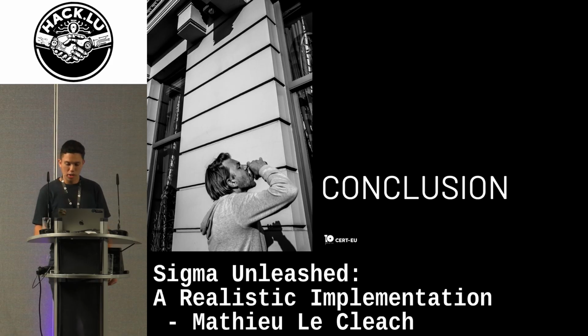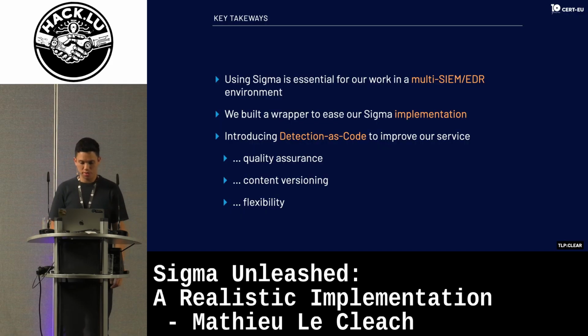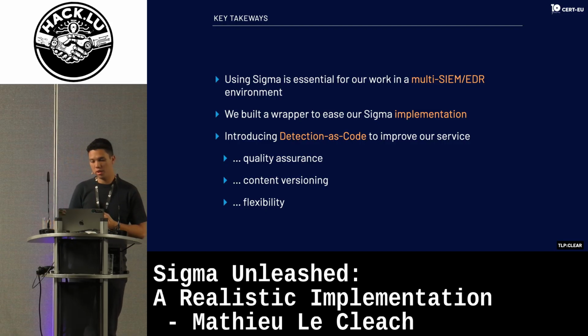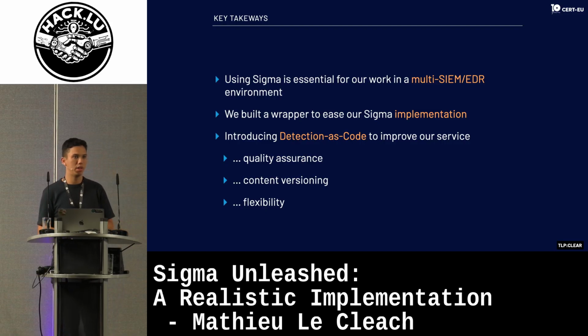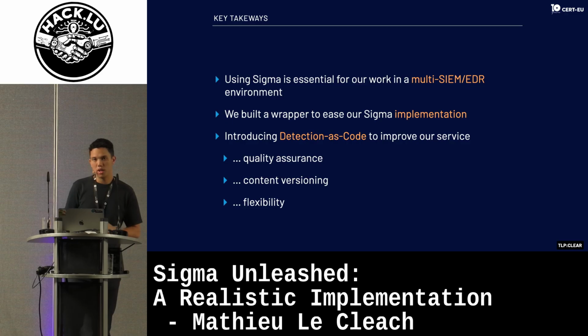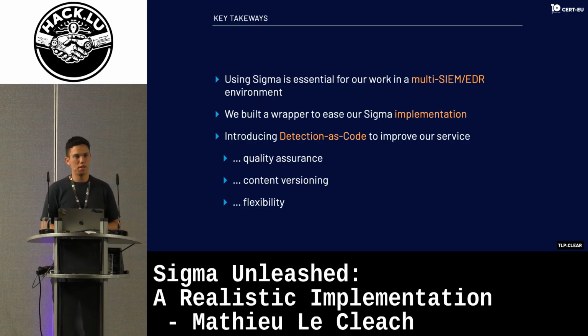And now we head to the conclusion of this talk. So using Sigma in our environments is very essential for our usage, for the threat detection service. So we are dealing with multiple SIEM instances and multiple EDR, XDR, whatever instances. And we wanted to have a single vendor agnostic entry point.